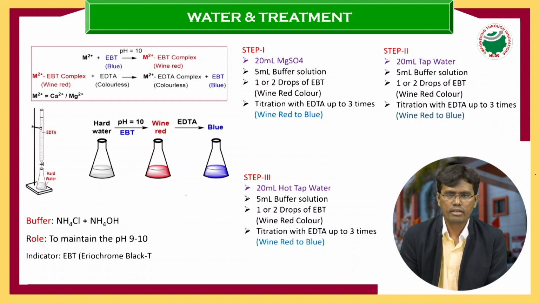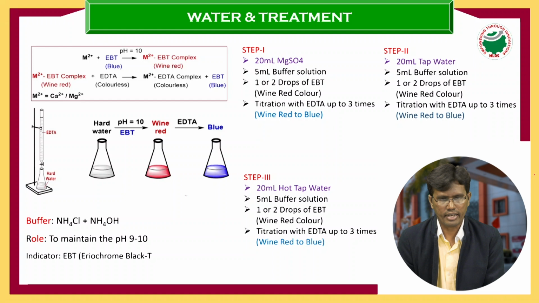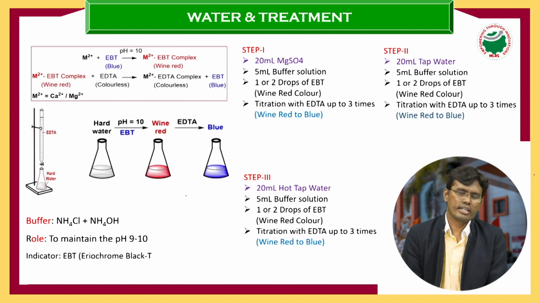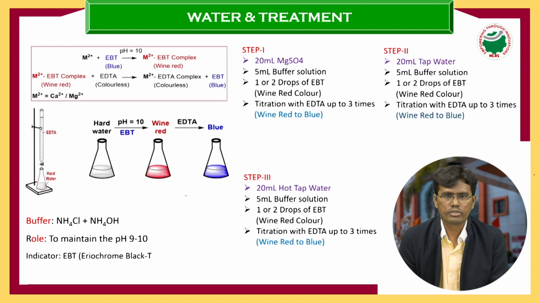Then add 5 ml buffer solution, then EBT indicator. After adding EBT indicator, a wine red color will form. After getting the wine red color, we have to titrate with the EDTA up to concurrent values.